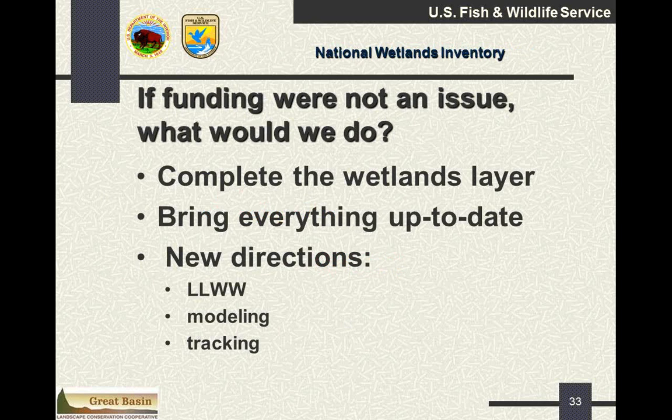There's a thing called LLWW, which is Landscape Landform Water Flow Path. That's something Ralph Tyner out in Region 5 developed, and it allows you to put some extra coding onto the NWI data.